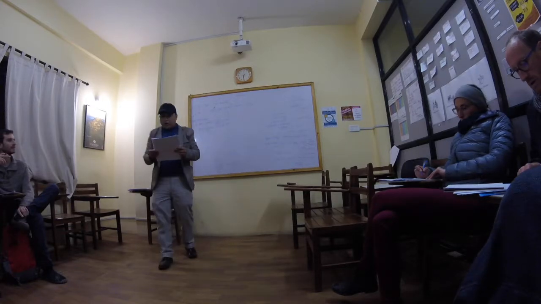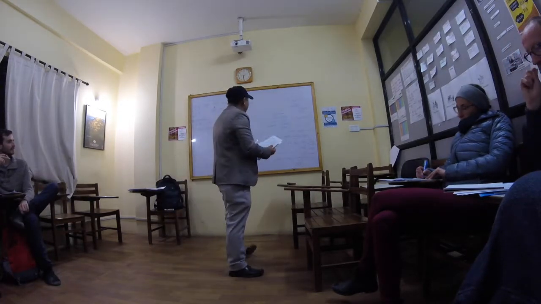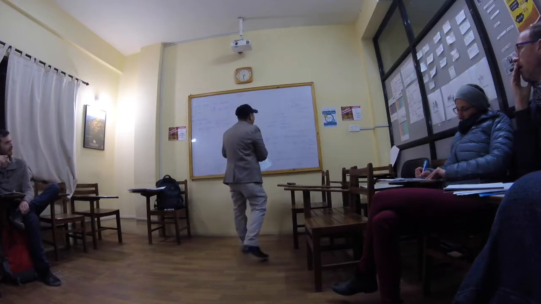And lakh is 100,000. 10 lakh is 1 million. Yeah, I get it. But crore is 10 million, as written down here in the vocabulary. So 1 crore is 10 million.